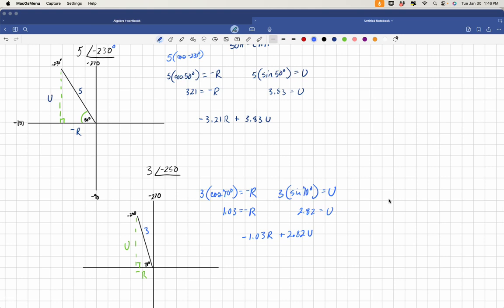And like the M and the P on your paper, I have no idea where you got that from. Because we use R and U always. Negative R, positive R, negative U, positive U. So I don't know if you were just doing that to help you see it better or to keep the 2 different problems straight. I'm not sure.